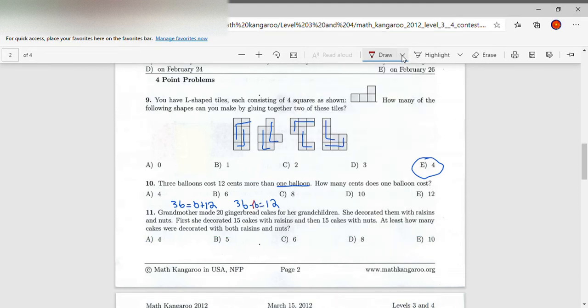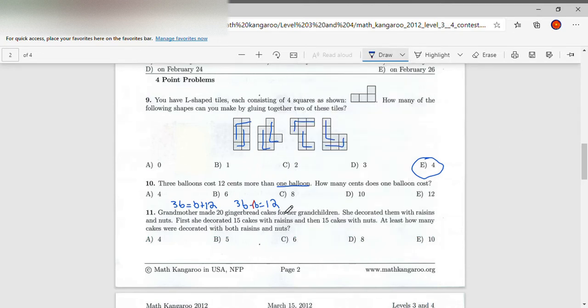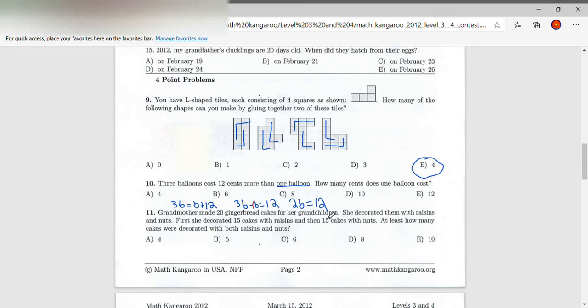So this is like 3b minus 1b equals 12. So we know that then 2b equals 12. So now we have to make this 1b. So we're going to have to divide by 2 on both sides, because at the moment when a number is next to a variable, that means multiplication, and the inverse of multiplication is division.